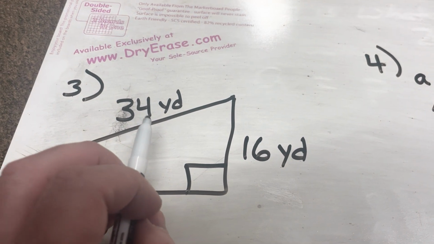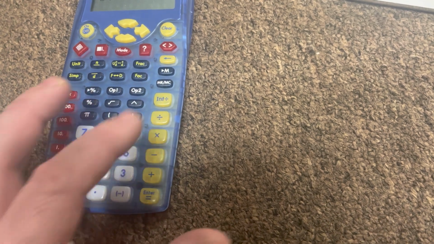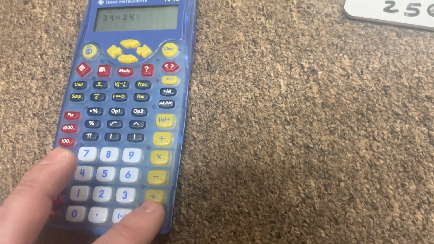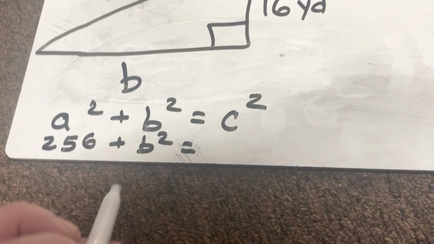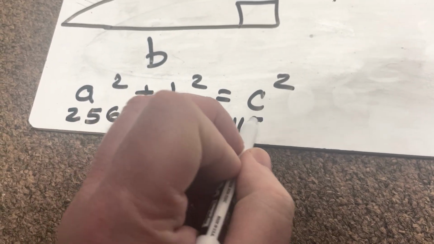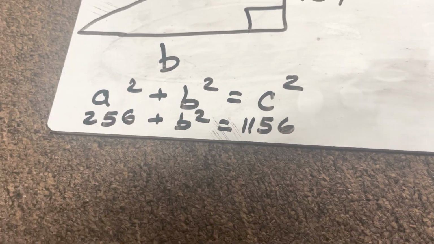Well, I already know c squared. C is 34. So I'm going to clear it here. And we're going to go 34 times 34. And that equals 1,156. So c squared is 1,156.